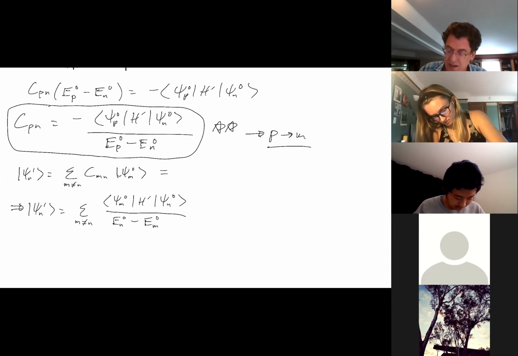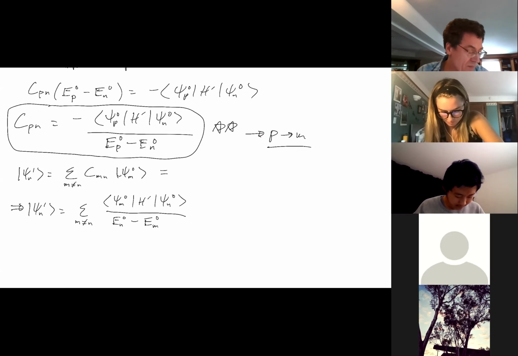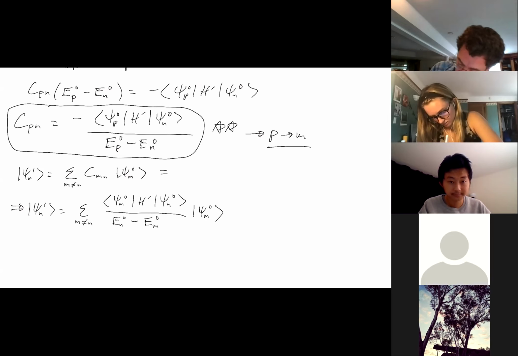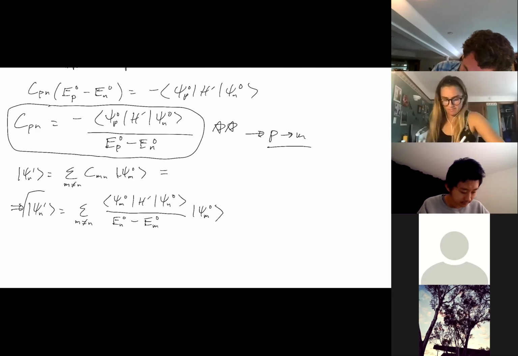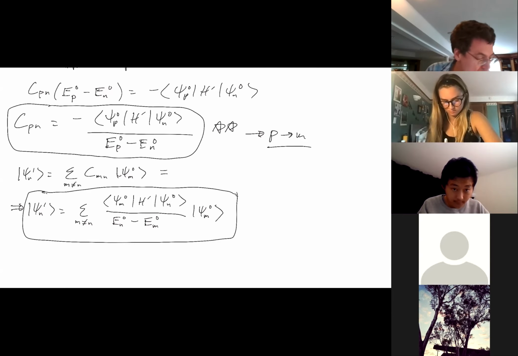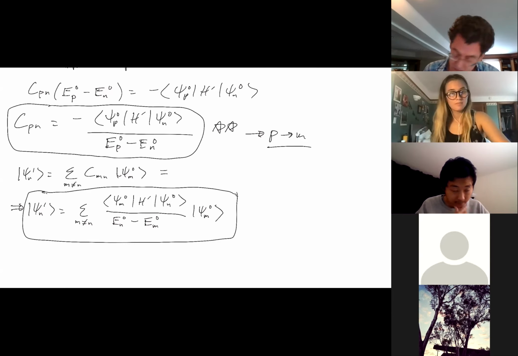So the negative sign, I switched the order on the denominator, so the negative sign went away. And then this becomes 1 times psi n naught. Okay, and so this is our result. And Professor, just to be clear, m goes from 0 to infinity.